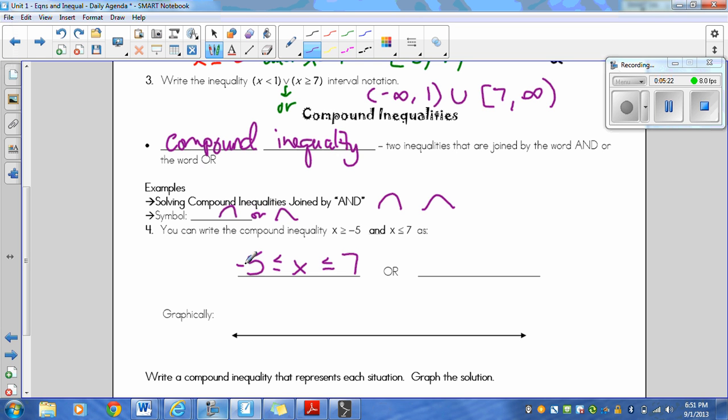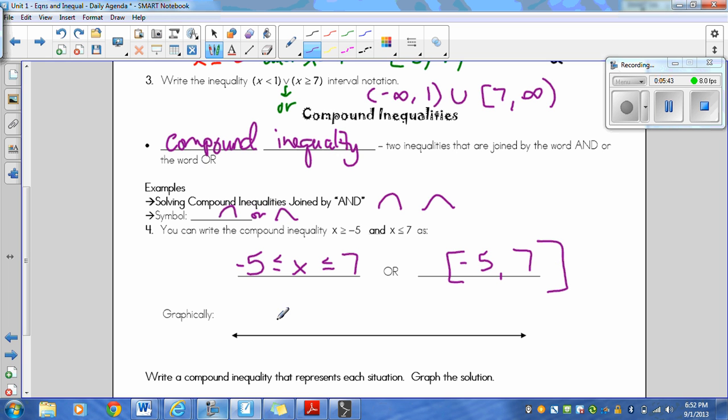Or if you use our new interval notation, it's got a closed bracket because negative 5 is included, and it goes up to 7. It's got a closed bracket there too. The confusing part about the interval notation is that if they're both parentheses, make sure you know that it's not an ordered pair when you're dealing with inequalities.